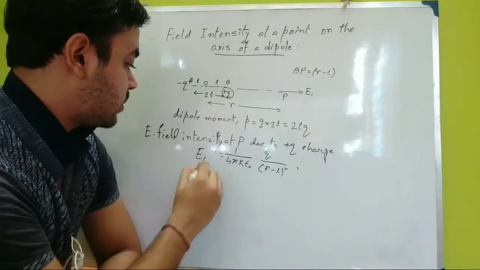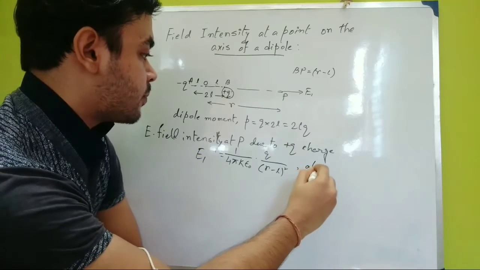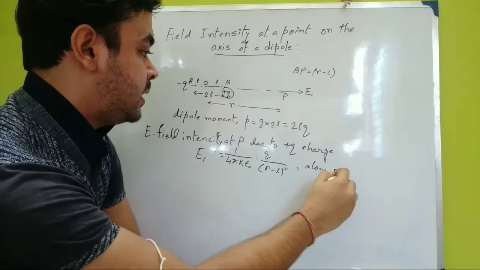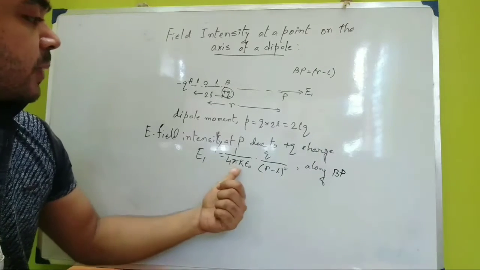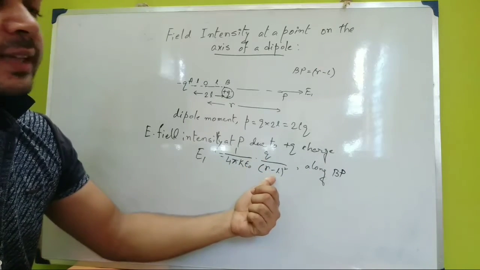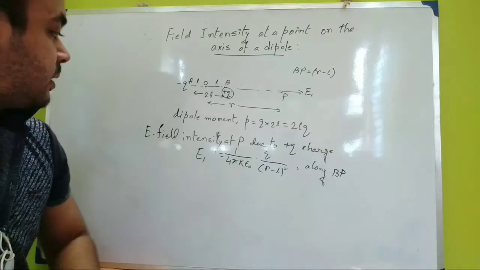This is E1 along BP, 1 by 4 pi k epsilon 0 Q by (R minus L) whole square along BP.